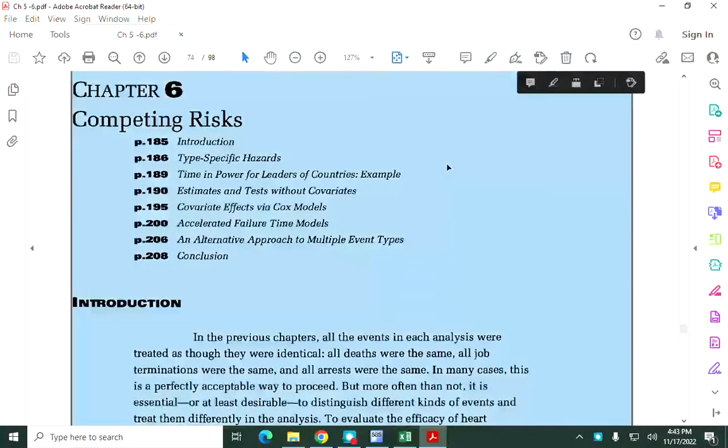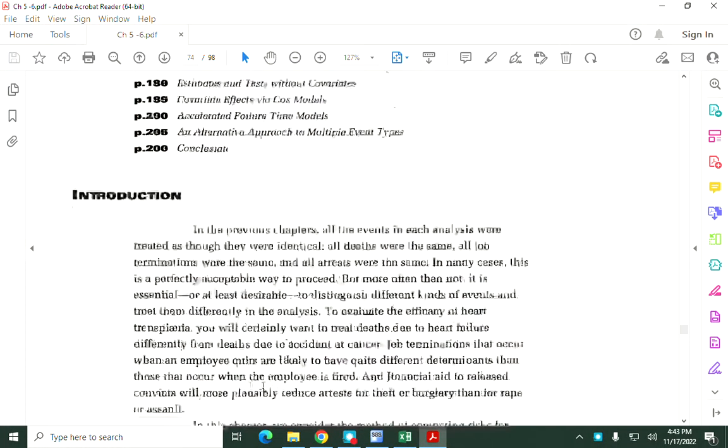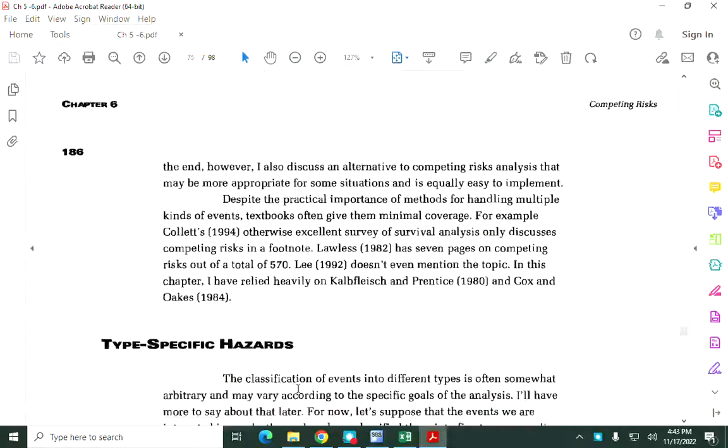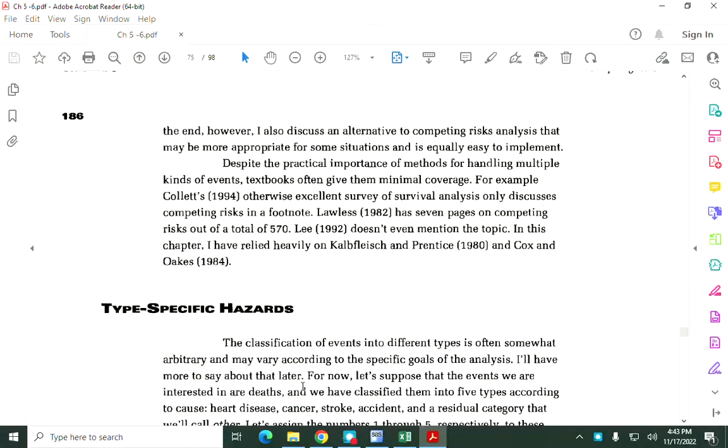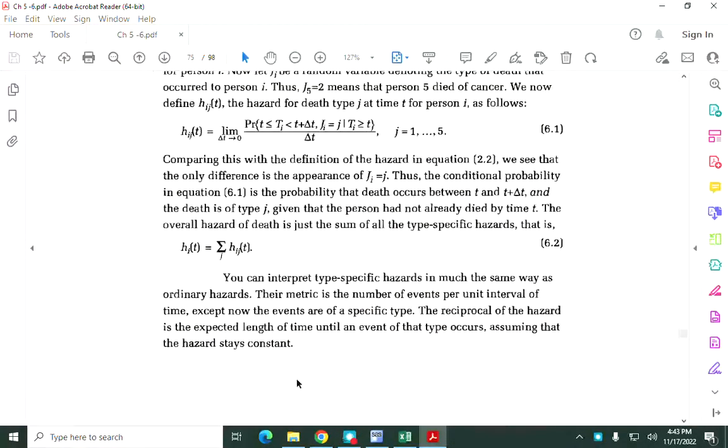The magic words for competing risk are: there is more than one way you can get killed. Heart attacks, all kinds of problems. So the data set he comes up with in this book, which is also the reason I like this book so much, is he talks about the following.